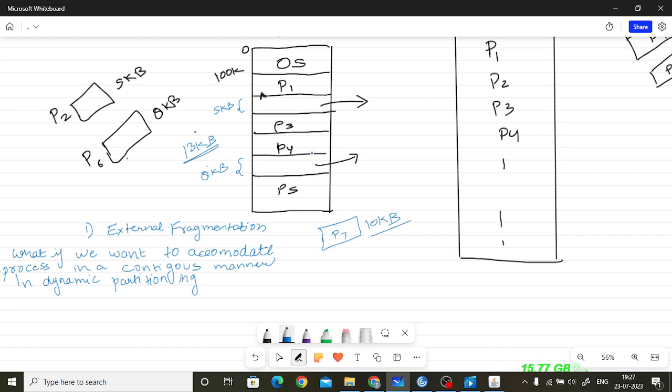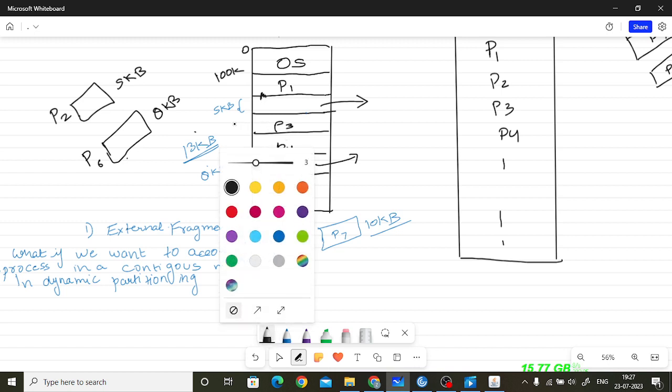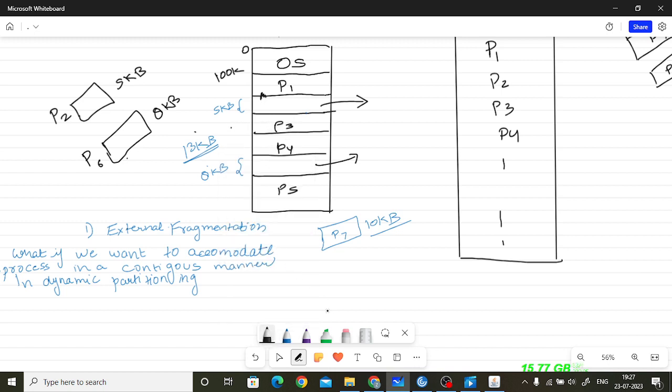Okay, what I mean to say is, in the compaction method, we will be moving the processes P3, P4 and P5, shifting upward or downward, or in some manner we will be pushing them. So here we will be moving process P3 and P4 and P5.